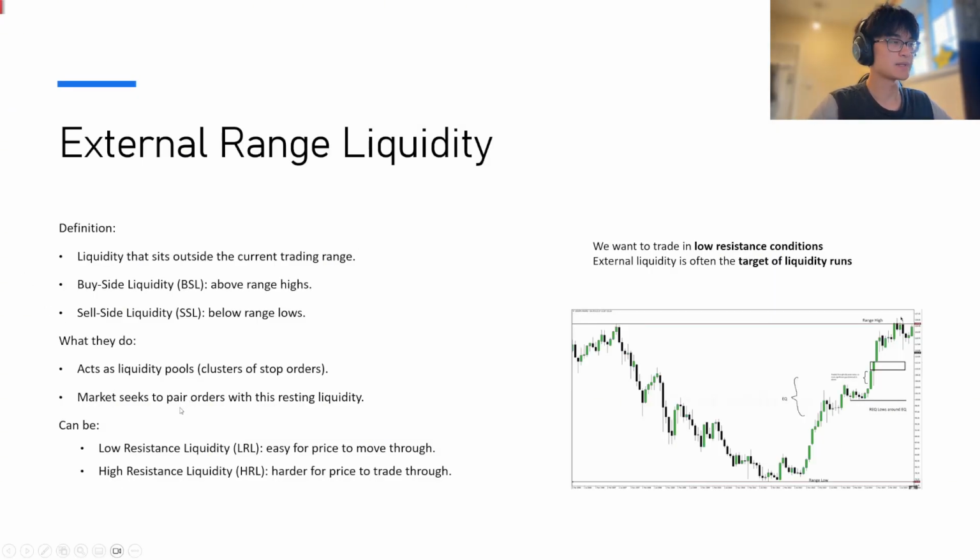The market seeks to pair those orders, so institutions use these orders to pair the liquidity up here and push price back down. External range liquidity can be low resistance liquidity and high resistance liquidity. Low resistance liquidity is just as the name sounds: it's easy for price to run through. But high resistance liquidity is harder for price to trade through.